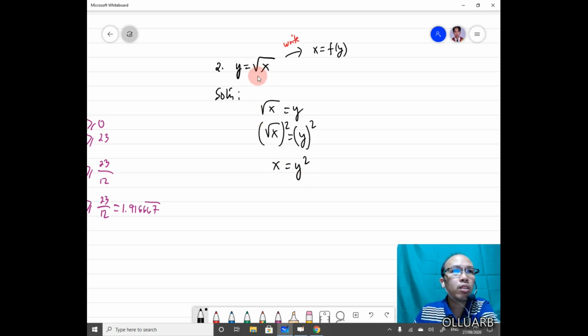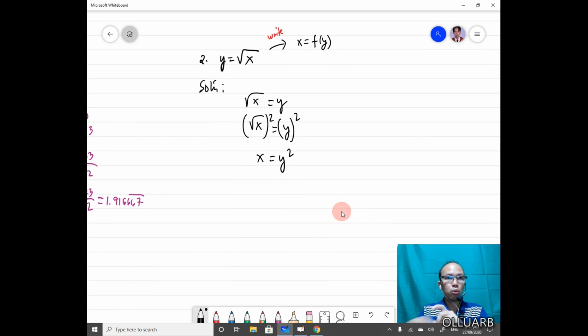However, notice that in the original equation, we have y is equal to square root of x. Actually, if you look at the graph of this equation, the range is only from 0 to positive infinity. So let's have some sample values.